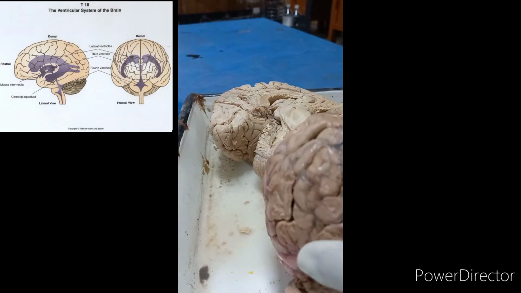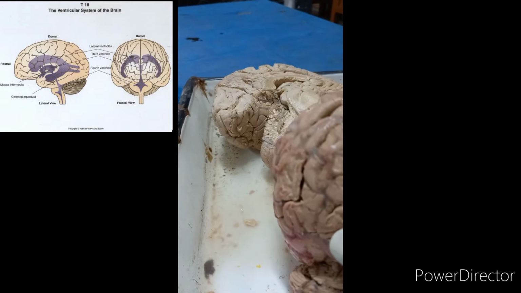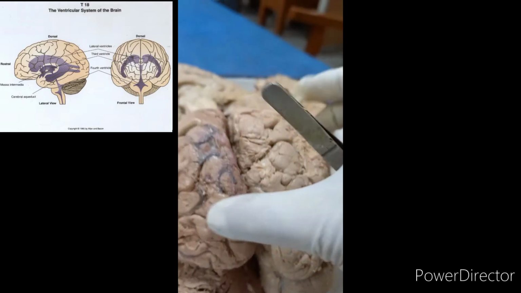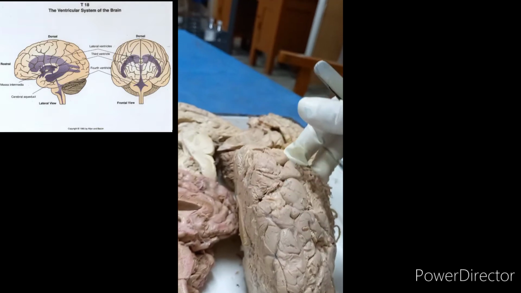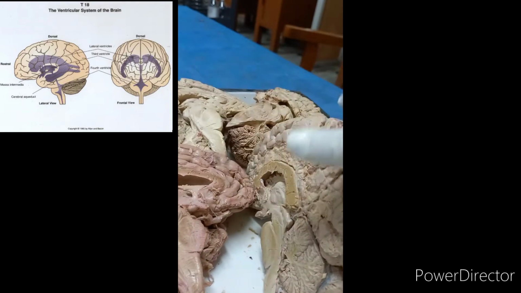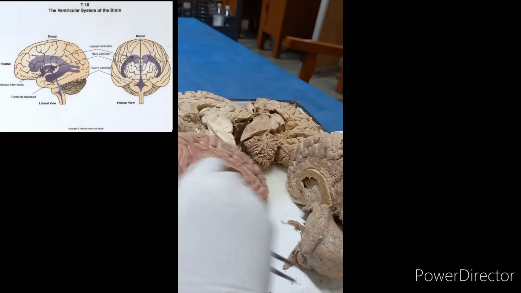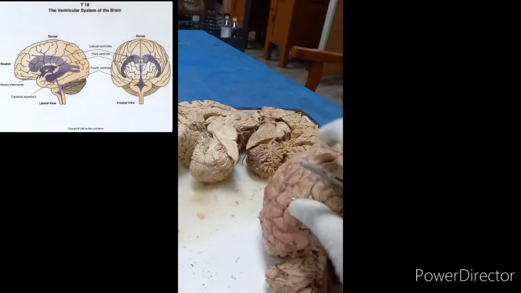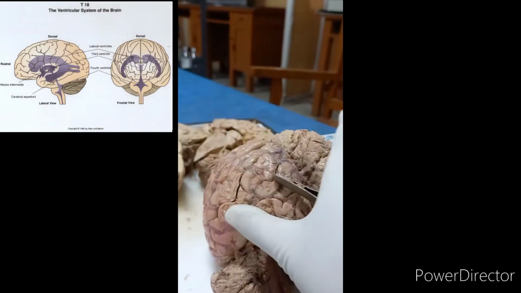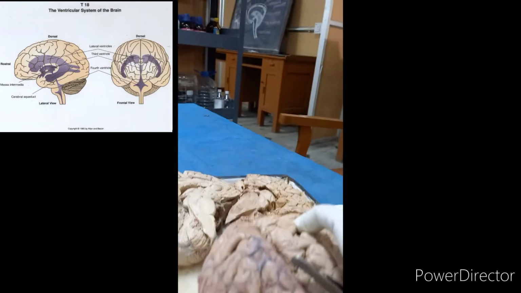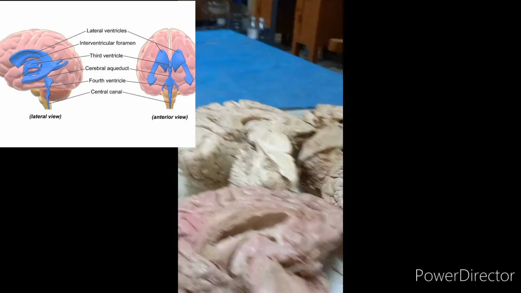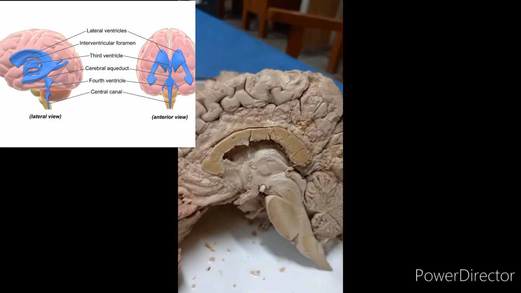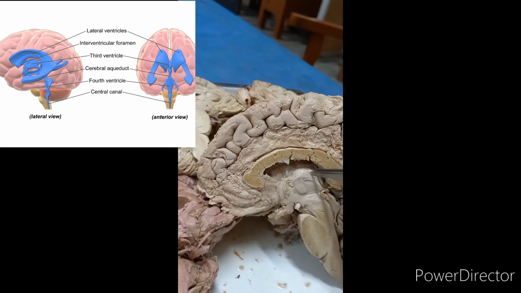If we assemble both hemispheres like this, the lateral ventricle for the right side is present here, and the lateral ventricle for the left side is present here. Both lateral ventricles communicate with the third ventricle, which is present between the thalamus of the two sides.